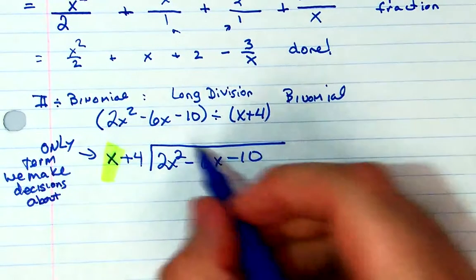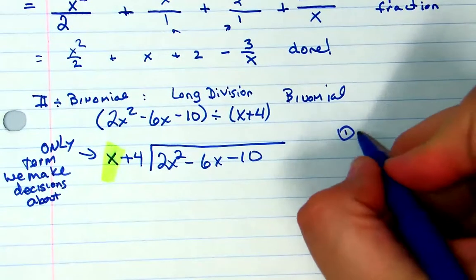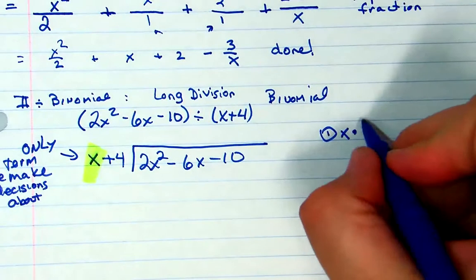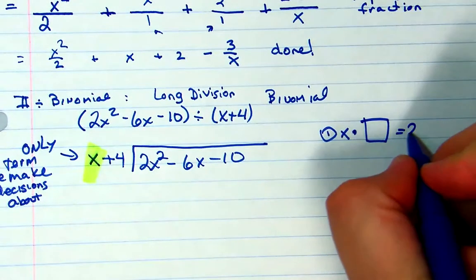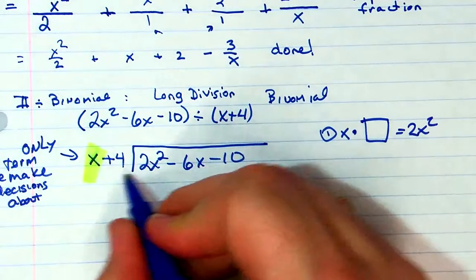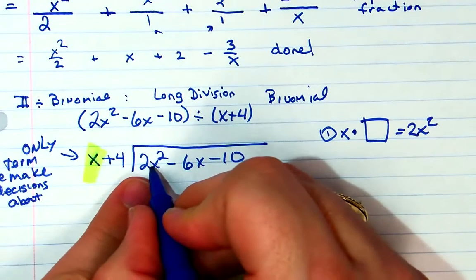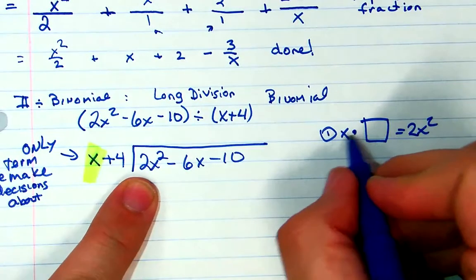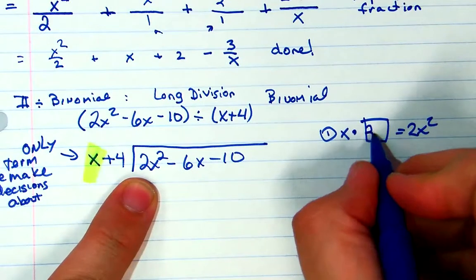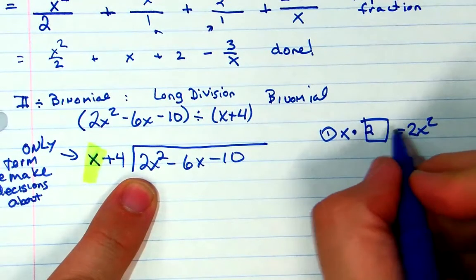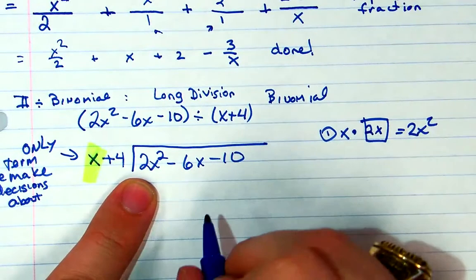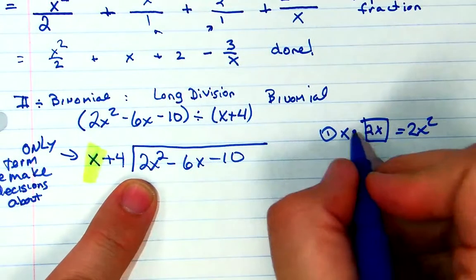So now the first question is, x times what is going to be equal to 2x squared? Because I'm going to use that x, and I want to eliminate the 2x squared. So I have 1 times x, so I know I'm going to have to multiply it by a 2, and x times something is x squared, so it's an x. So I'm going to get 2x.